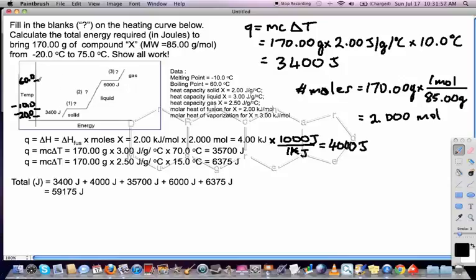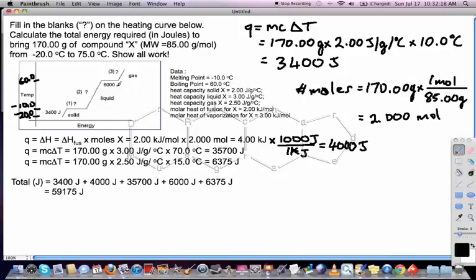The difference between 60.0 and minus 10 is going to be 60 plus 10, which is 70. So that's where we're getting 70.0 degrees from. It's a temperature change from the melting point up to the boiling point. And that's going to come out to be 35,700 joules.